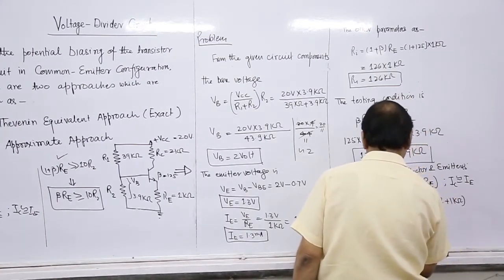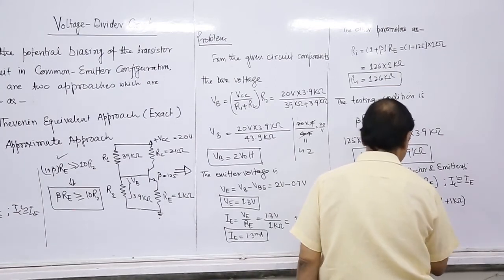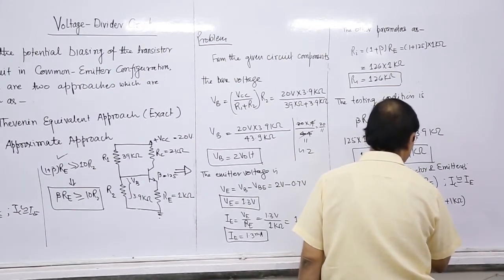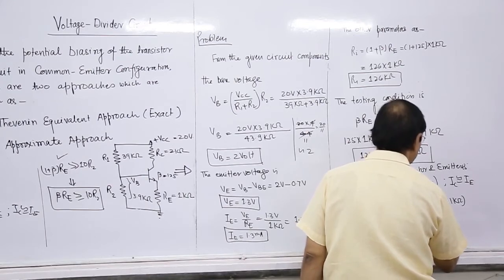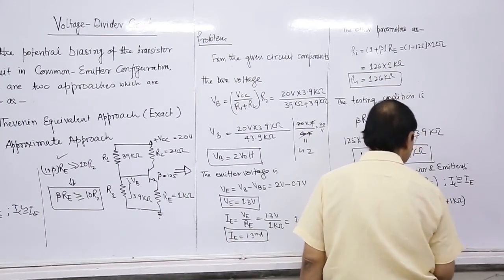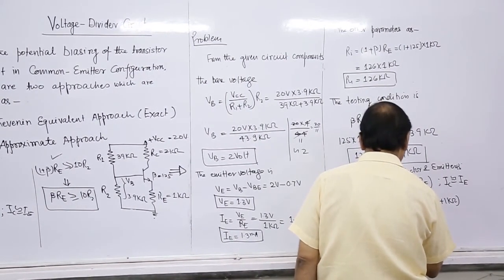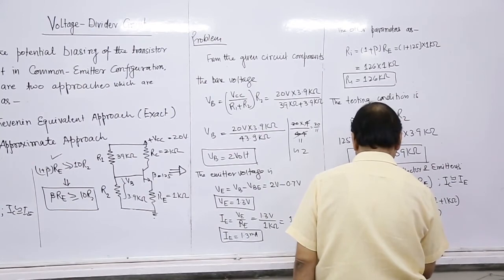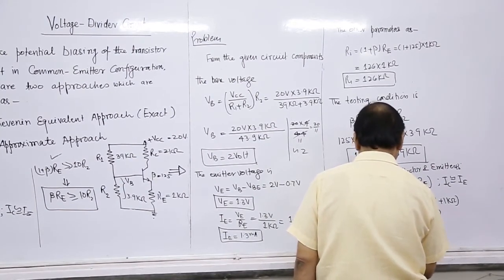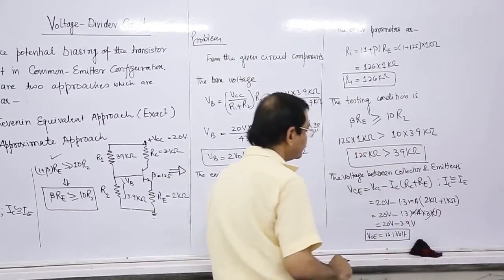So this is 20 volt minus 1.3 milli into 3 kilo. So milli cancels, 1.3 into 3 is 3.9. So 20 volt minus 3.9 volt is 16.1 volt. This voltage is VCE.